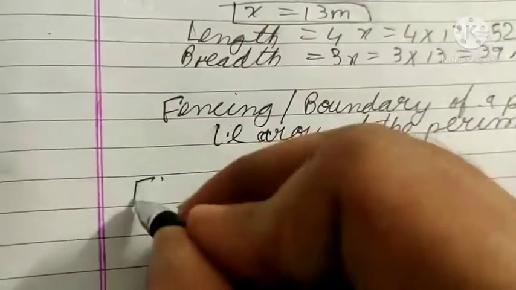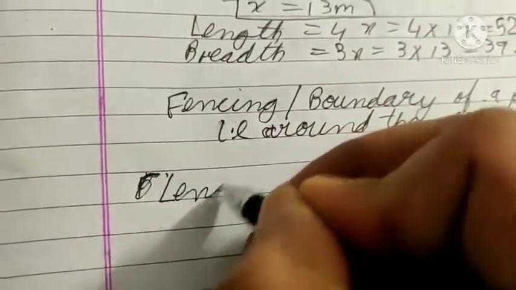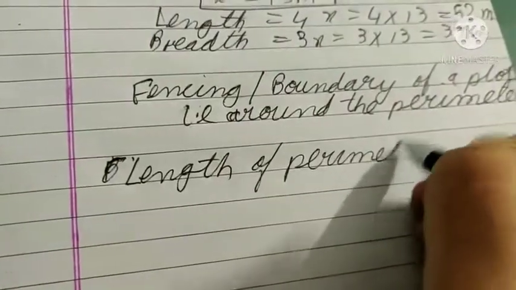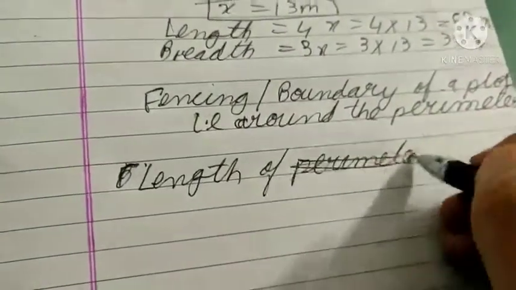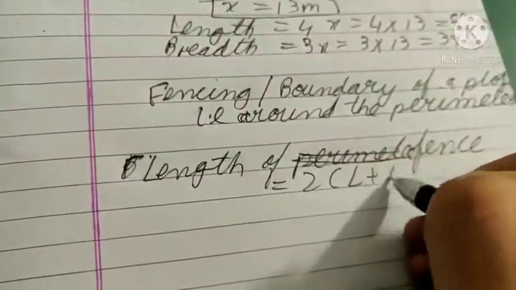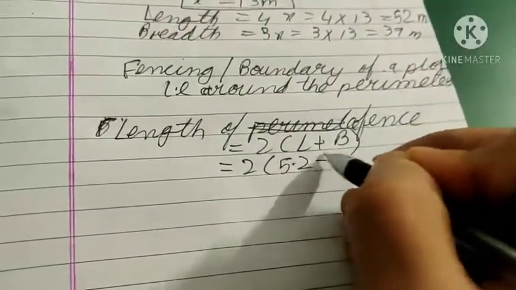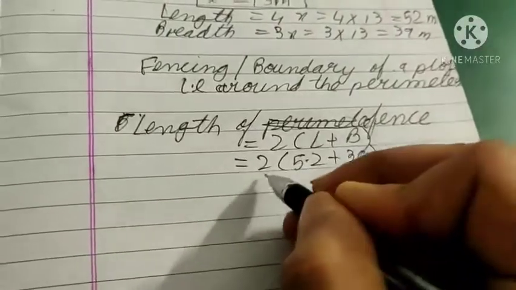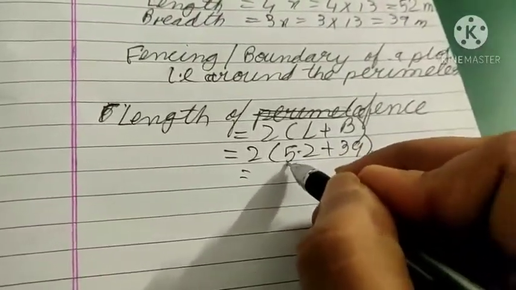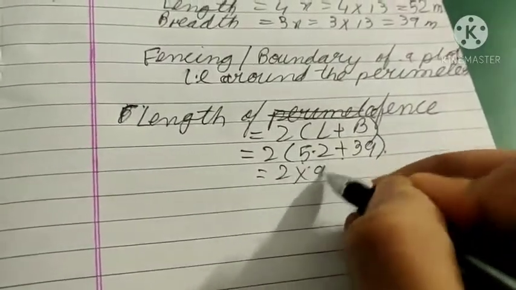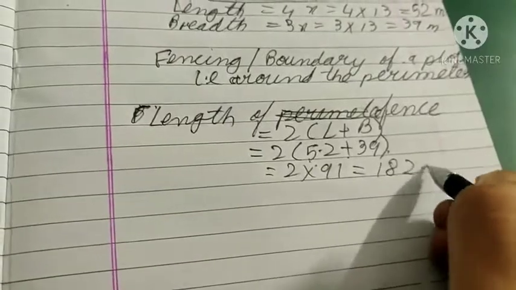So the length of fence is the perimeter, length of fence 2(L plus B). Length here is 52 plus 39, that is 50 plus 40, 91. 2 into 91, that is 182 meters.